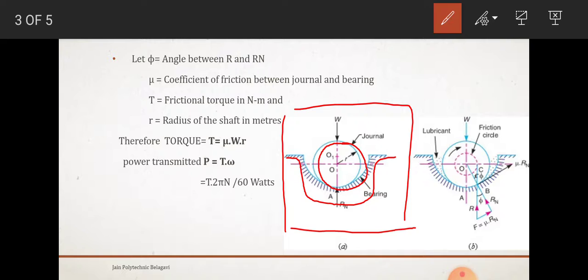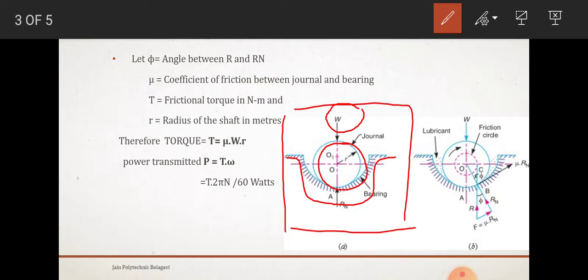The pair between the journal, that is the shaft, and the bearing forms a turning pair at a point A. The diameter of the journal is less than that of the bearing, which allows it to rotate freely inside the bearing.